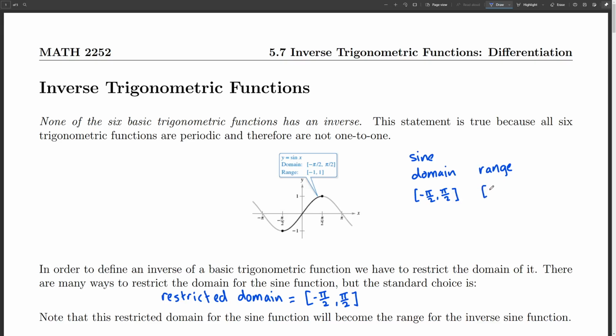And the range is negative 1 to 1. And now that function is 1 to 1. And so if we look at the inverse sine or the arc sine, then the range and the domain flip. So for the arc sine, the domain is negative 1 to 1, and the range for the arc sine is negative pi over 2 to pi over 2.